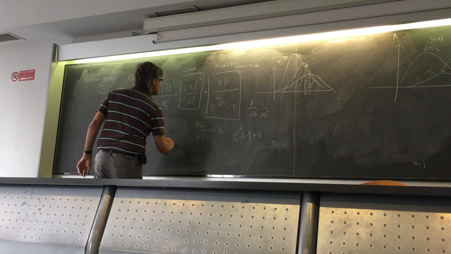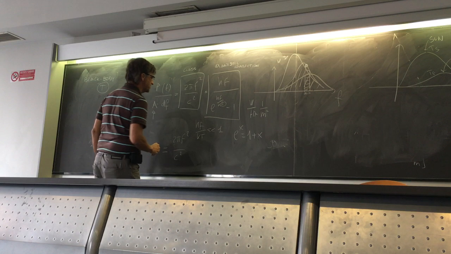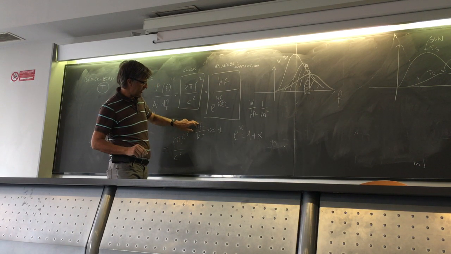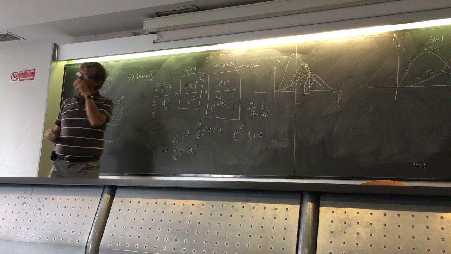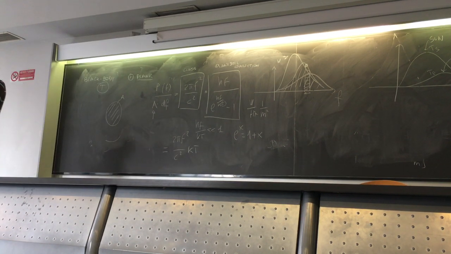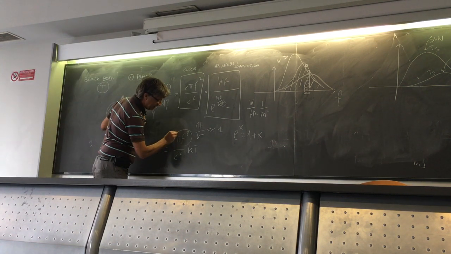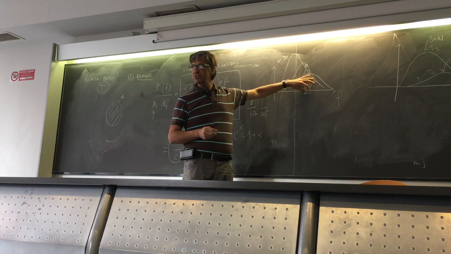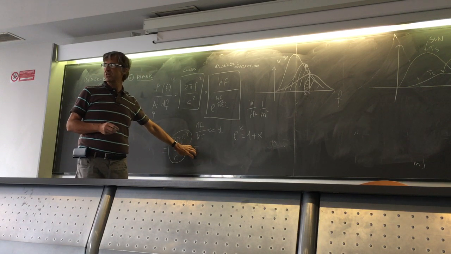So this becomes 2 pi f squared divided by c squared. And then here you have hf, and down hf divided by kT, you only have kT. Okay? This is very simple to interpret because this is the number of modes per frequency, and this is the energy associated with this mode.